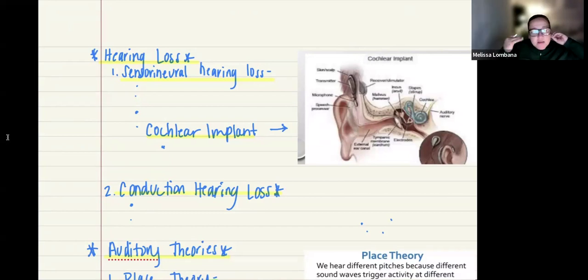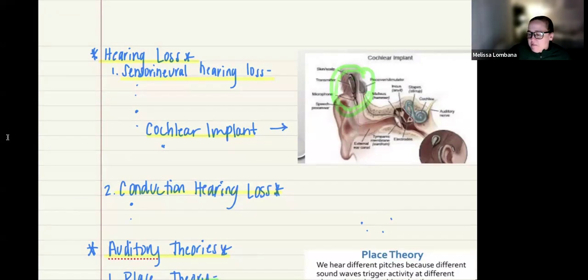The cochlear implant is basically a severe surgery, and if you see here, it's connecting to the temporal lobe, and this is the part of the implant that is going to do the transduction, okay?